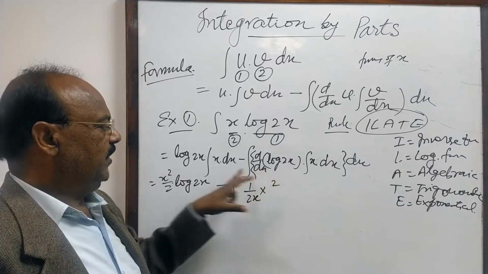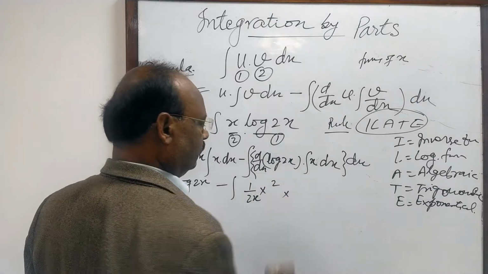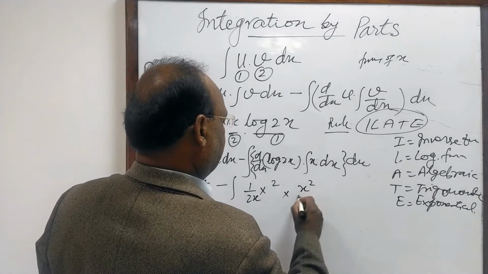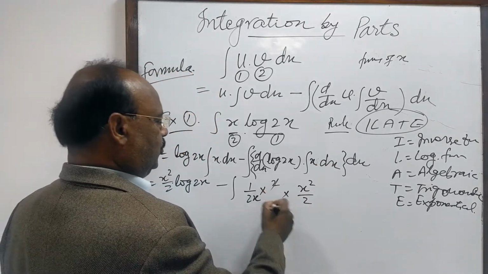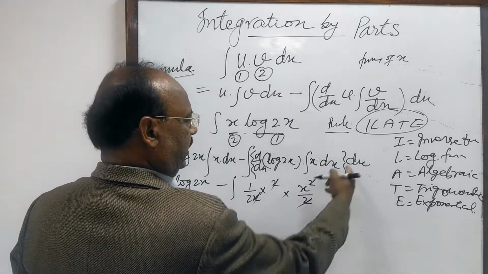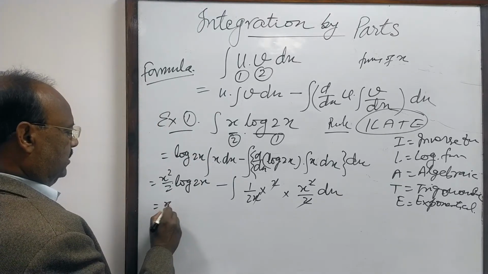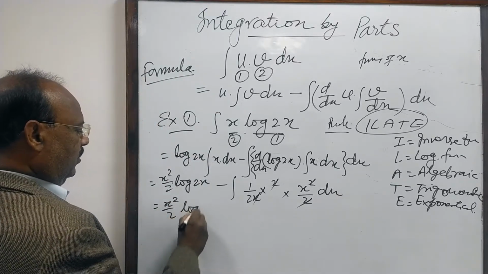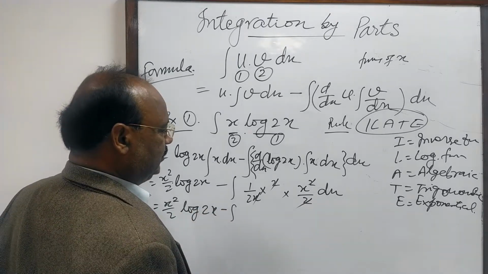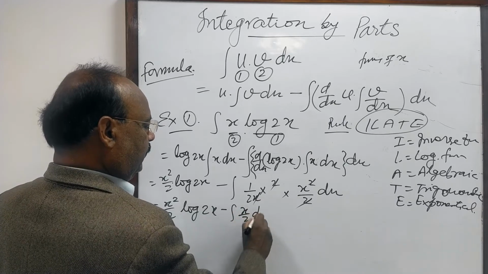So this is the integral of this derivative into the integral of x dx, that will be x square by 2. Here this 2 will be cancelled out and this x will be cancelled out with the square, and finally we write dx. Now the next step: this is x square by 2 log of 2x minus the integral of x by 2 dx.